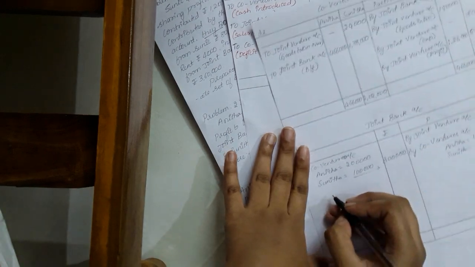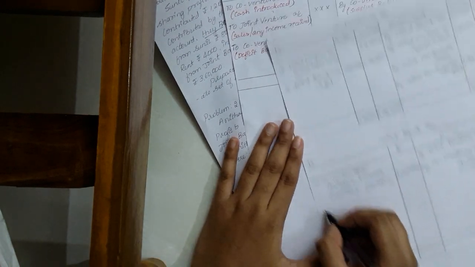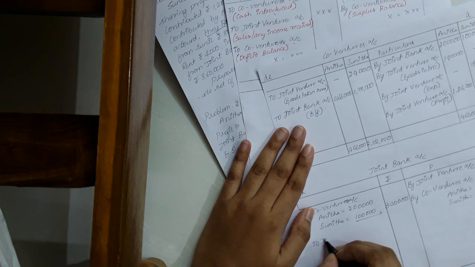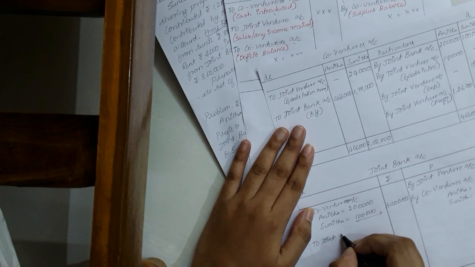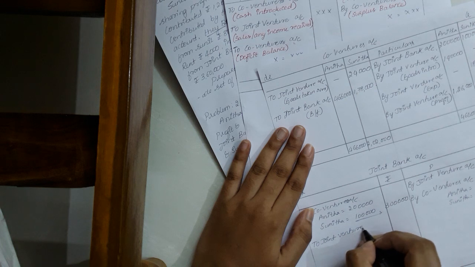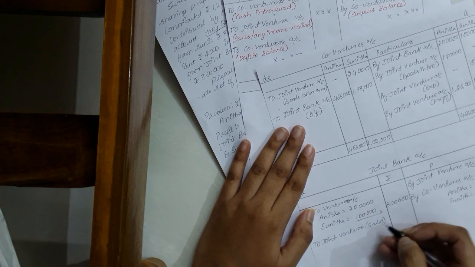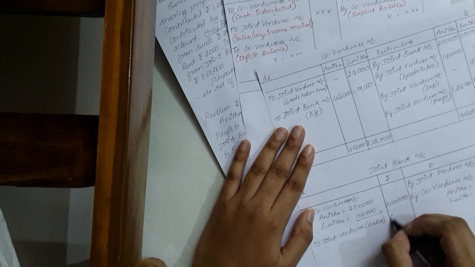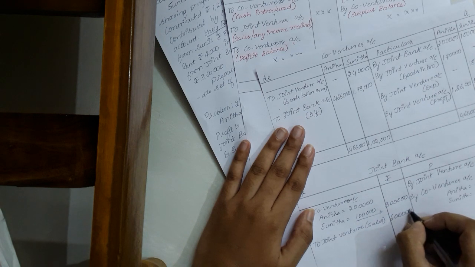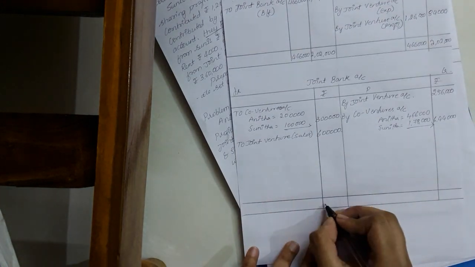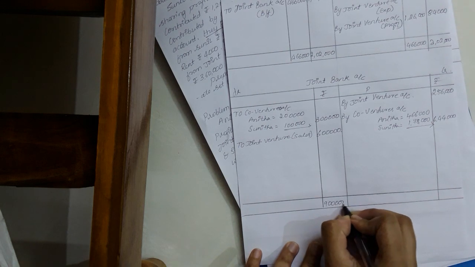Next we need to write sales. Sale in the joint ventures. To joint venture, sales. What is the value of sales? Sale value is 6 lakh rupees. Done. If you want, you can total it; the total will always be the same, that is 9 lakh rupees. It should get tallied.